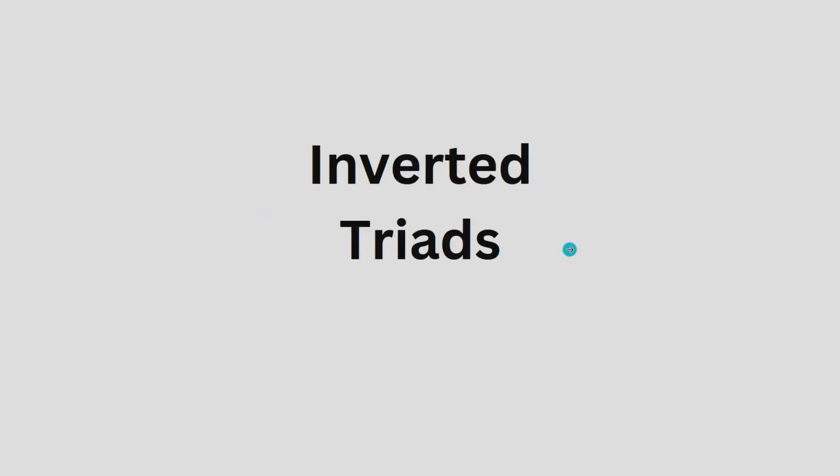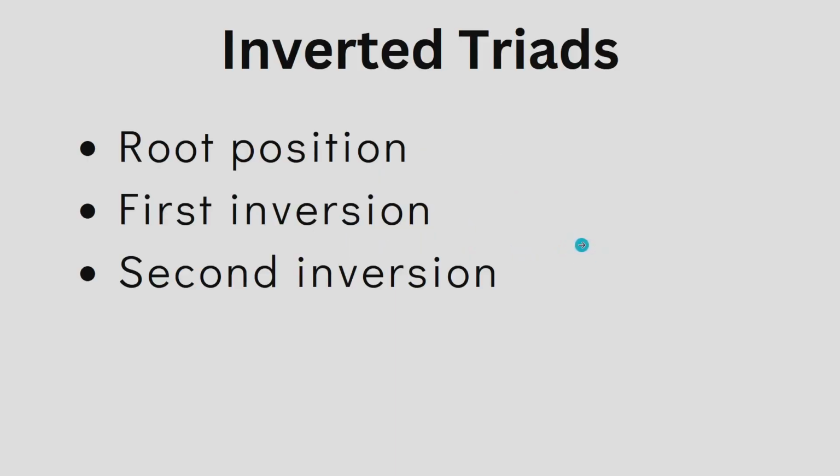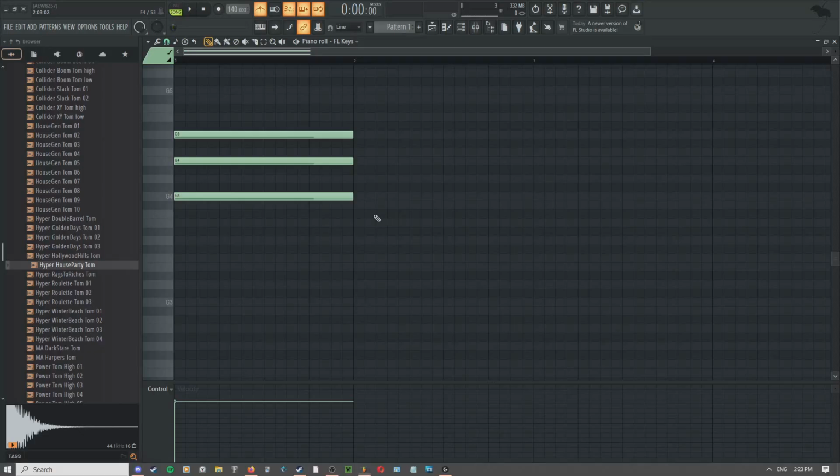Now, when we're talking about inverted triads, we're talking about a triad that has been repositioned. So when we have the root note as its lowest note, this is called root position.